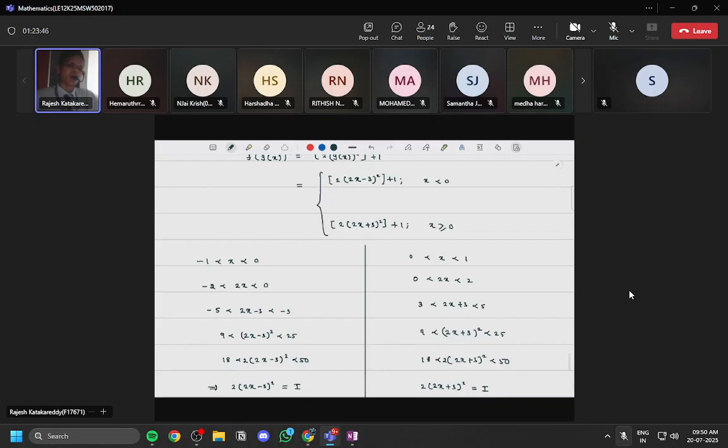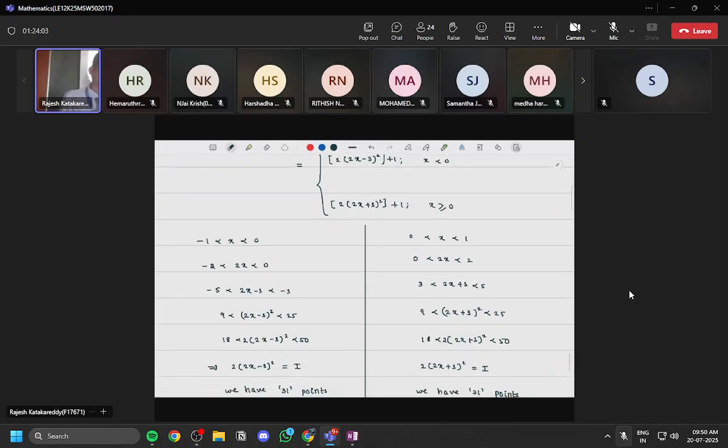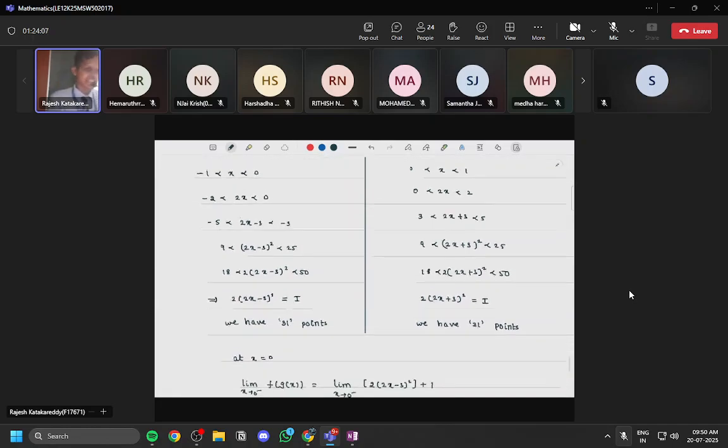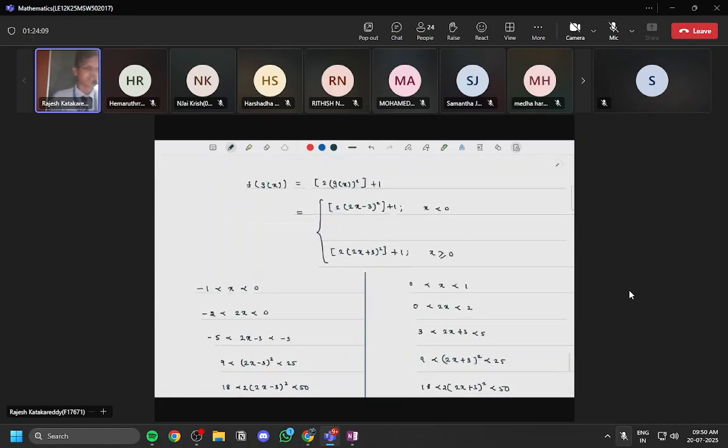There are no common values in both the intervals. It is -1 to 0. When x is in between -1 to 0, function has 31 integers in the range. When x is in between 0 to 1, function has again 31 integers. So total 31 plus 31, that is 62. At 0 I checked it is continuous, therefore 62 only.